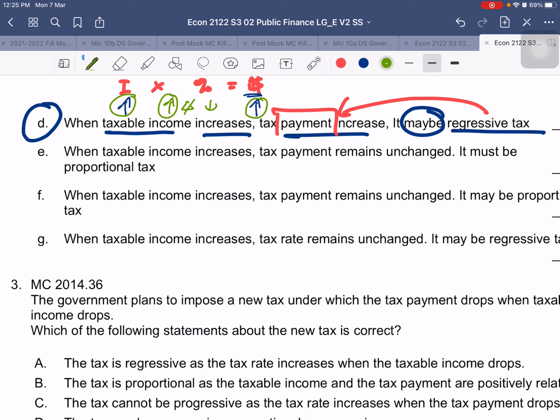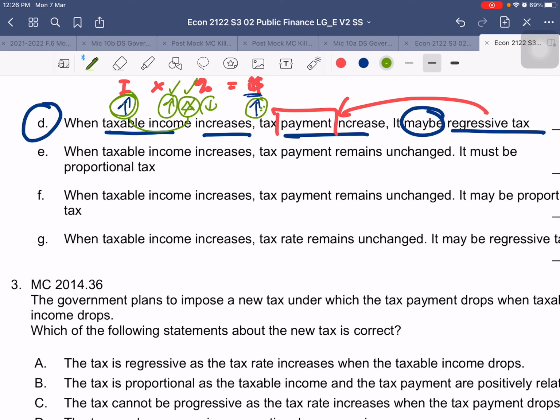It will be increased, right? So an increase in tax rate is possible. Secondly, the income increases, if the tax rate remains unchanged, what happens? The total effect will be an increase, right? So tax payment increase, that's still possible.